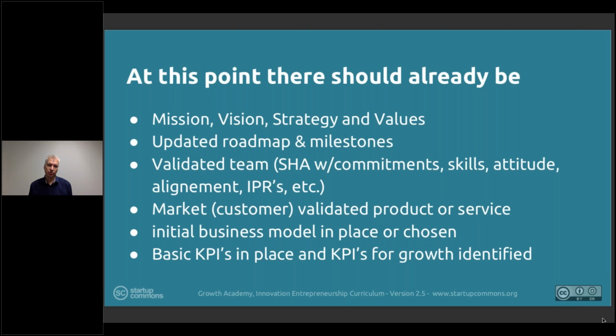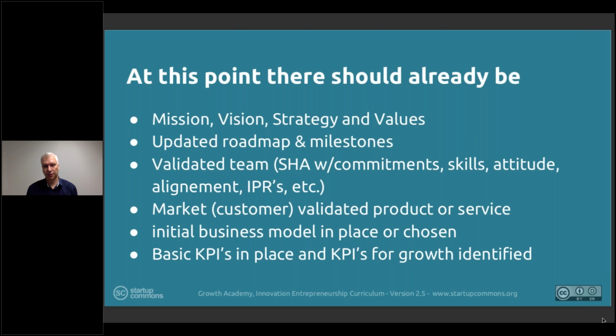If you are more bootstrapping, you should already have a clear business model in place. If you are more on the investor path and there's clear traction, you may decide to go with investors and figure out the business model later on, focusing on market share and market presence while scaling.